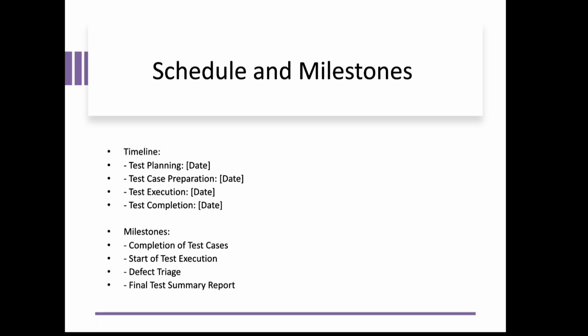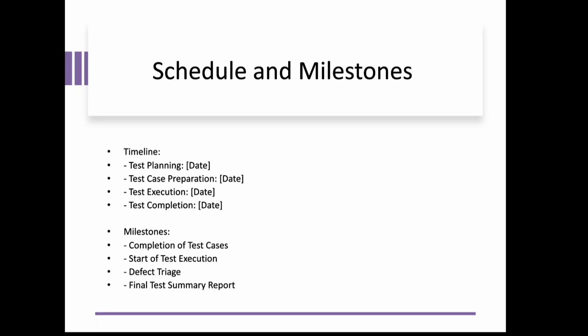Then we have milestones. We have to achieve some milestones, and there are schedule processes. First is the timeline. We have to make sure that our test planning has a proper date, and then we do the test case preparation, then test execution, and once it is done, the test completion report.